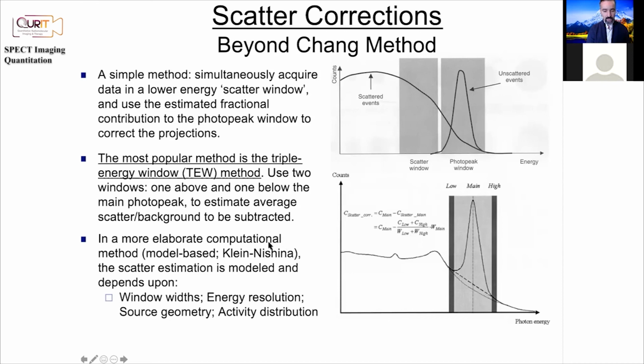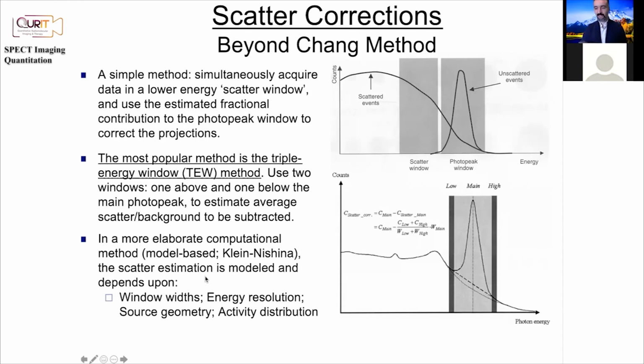Based on this formula, if you have an initial estimate of the activity distribution, let's say you do a reconstruction with no scatter correction and you get some kind of activity distribution, you use the Klein-Nishina formula to calculate how much scattering you are going to get in your projections. You take those projections, calculate your estimated scattering, subtract it from the data, and then do another reconstruction.